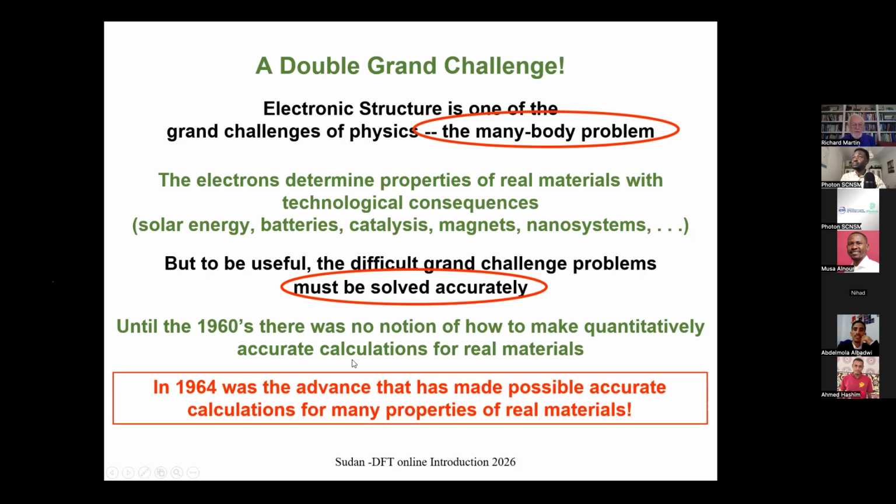And so it was in 1964 that the advance was made that made this possible. Since I did my thesis work in the 1960s, I know that truly was a zero idea of how one could do this problem and actually come out with accurate predictions.